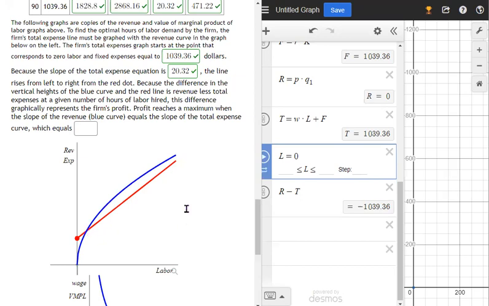This point here, and then a point out here somewhere where the blue line re-intersects the red line, because the red line is going up at a constant slope and the blue line is going up at a decreasing rate. So maybe the intersection point is right about here.